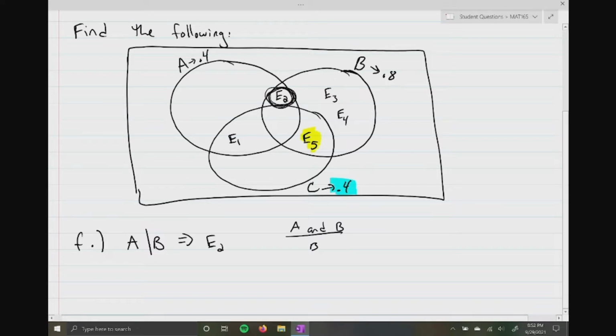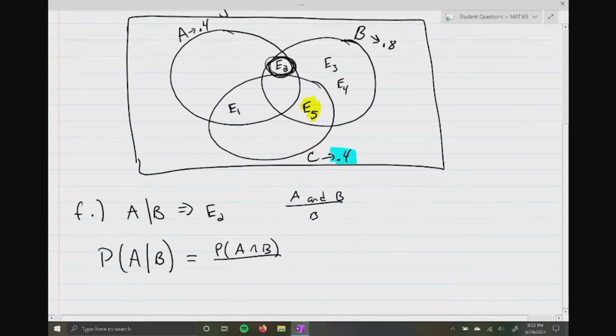All right? So the probability of A, given that B has occurred, is going to equal the probability of A intersection B over the probability of B. So if you go back, and if you just want to rewind the video, it's letter B. We did A intersection B, and that is going to be 0.2.